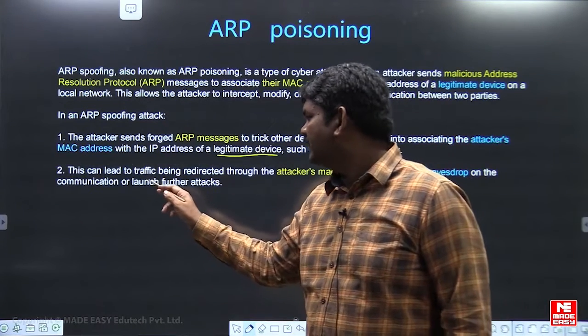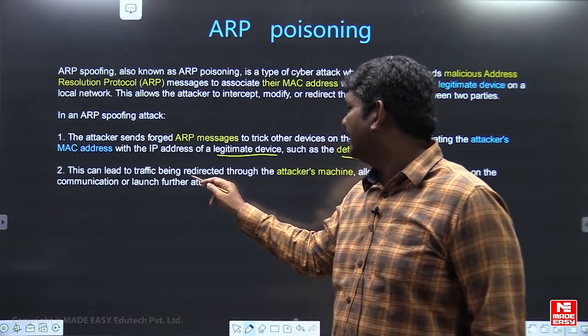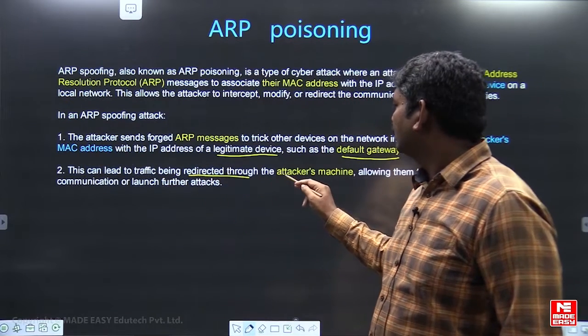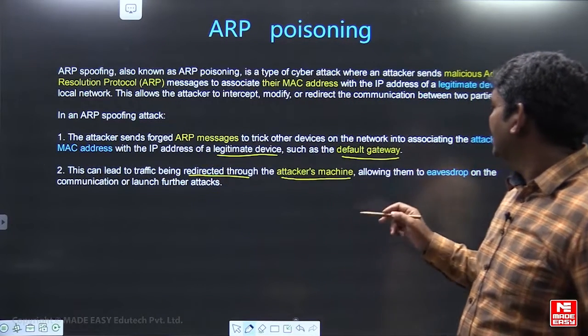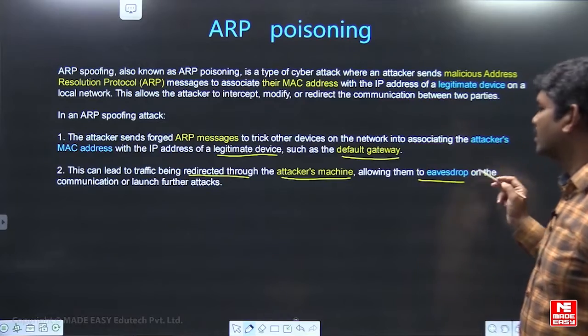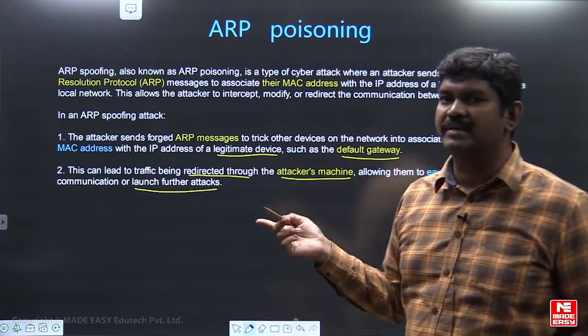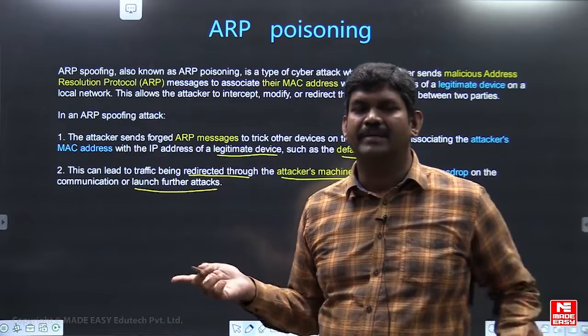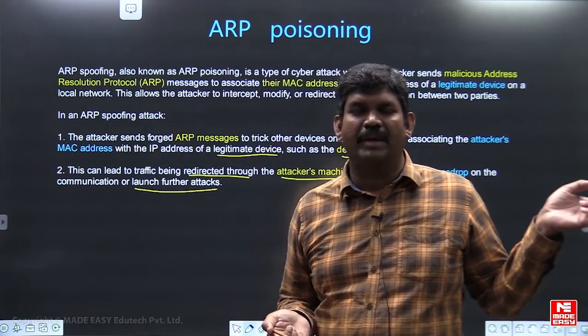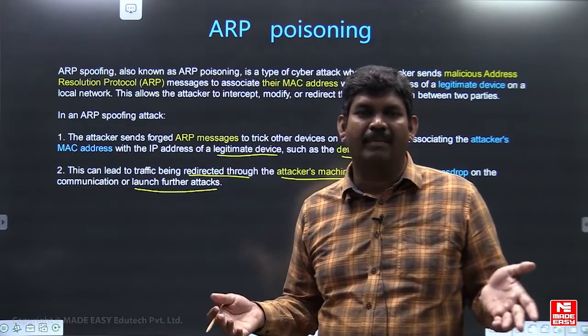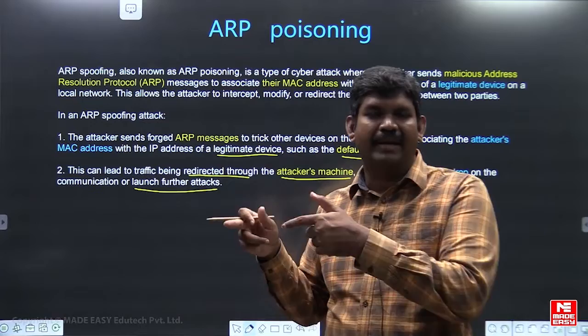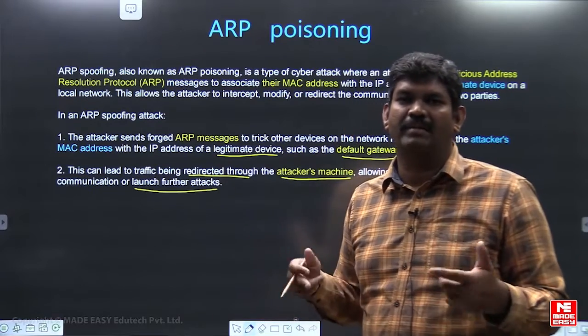Second statement, you can see this can lead to traffic being redirected through the attacker's machine, allowing them to eavesdrop on the communication or launch further attacks. Because you can see that Alice is thinking that she is communicating with Bob, but that's not happening. The traffic is redirected to the hacker, or a malicious user.